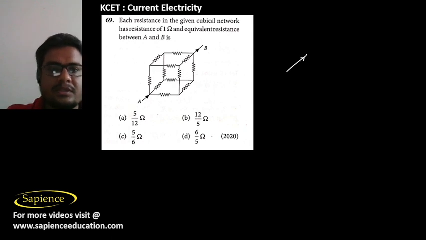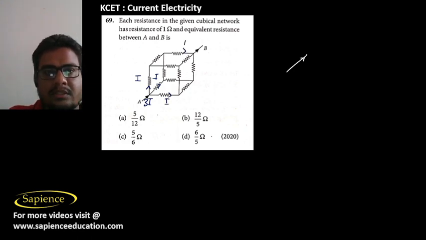Suppose 3I current is flowing in. By symmetry, I current will flow through each of these three resistances.